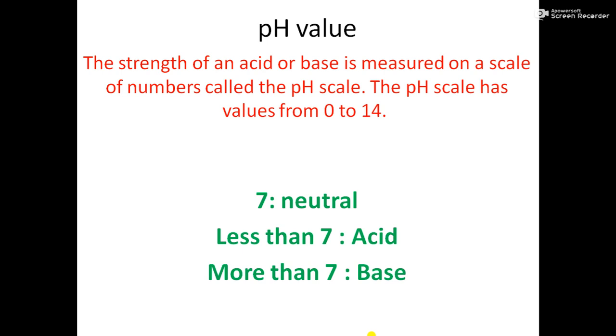As the number decreases, the acidic nature of the substances keeps on increasing. That means at number 1 we have a strong acid, right? And near numbers 5 and 4 we have weak acids.